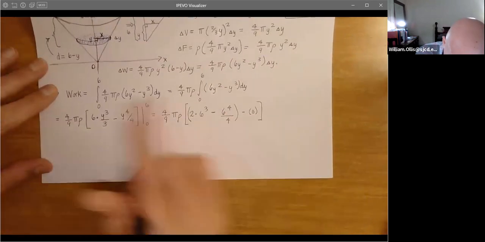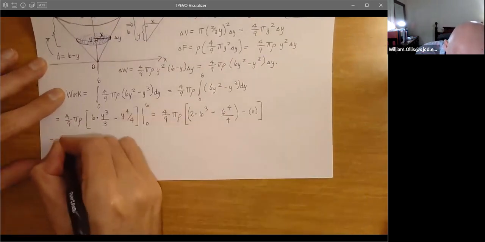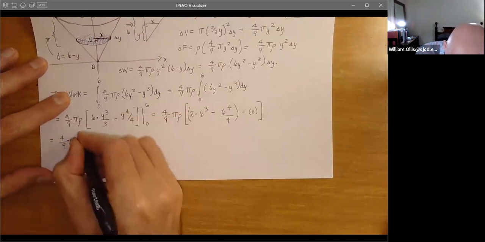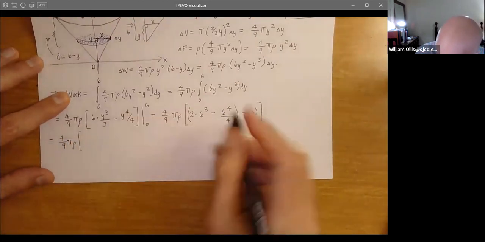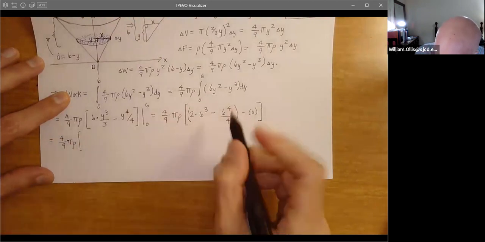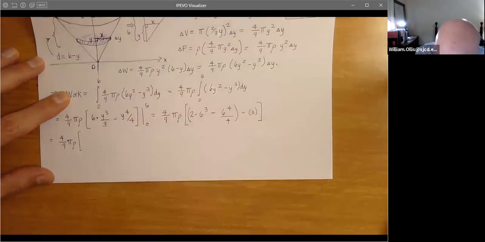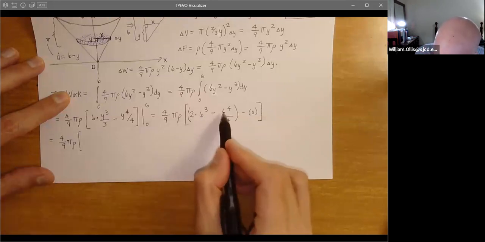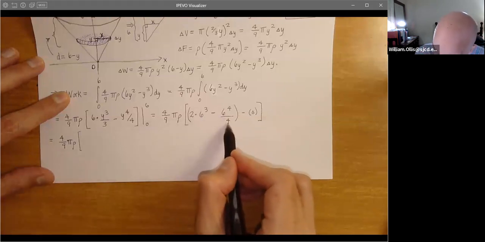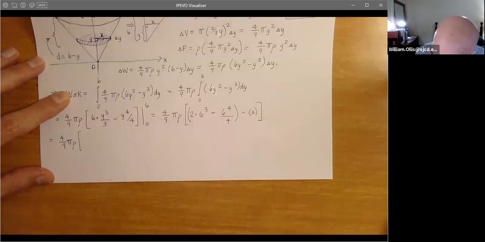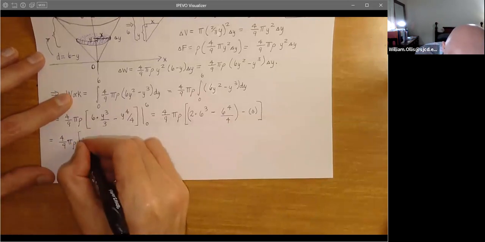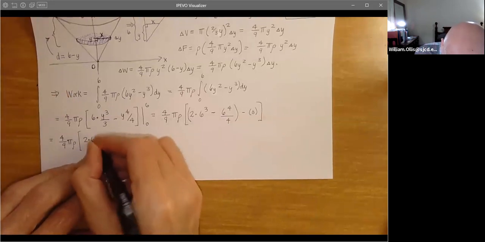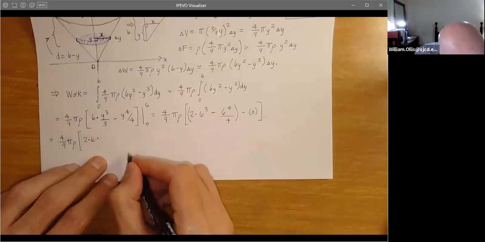So now we can clean this up. So we have 4/9 pi rho. And now we can see we can retire, in this case, the 4. So we're going to rewrite this as a 6 squared, since we're going to have to use 2 6s to retire that 4 there. So we've got 2 times the 6 times 6 squared.